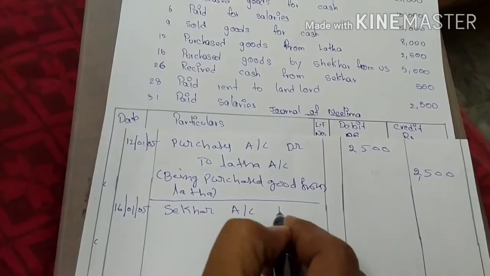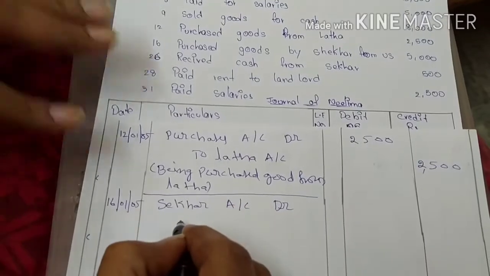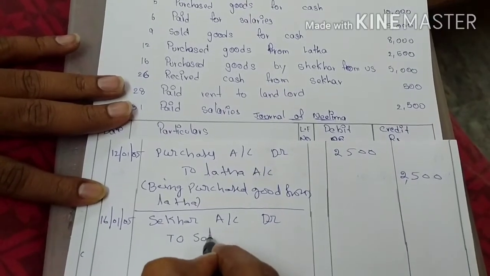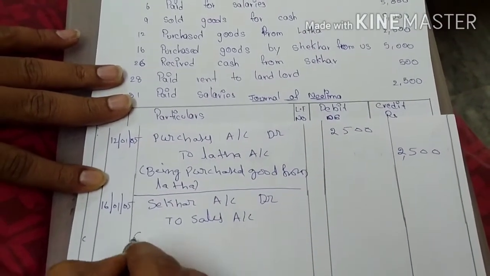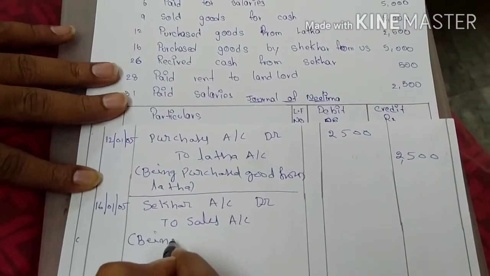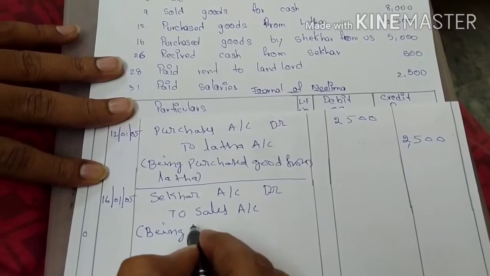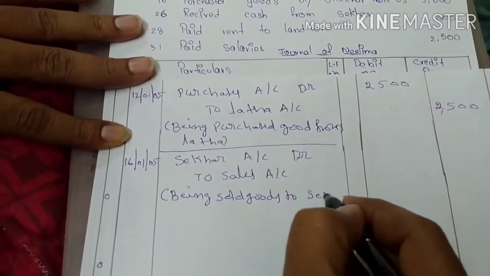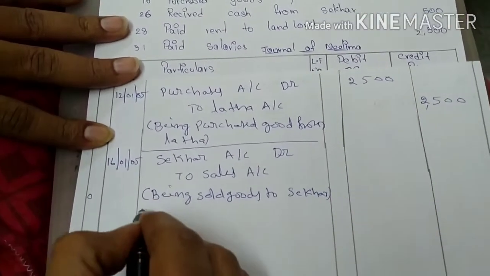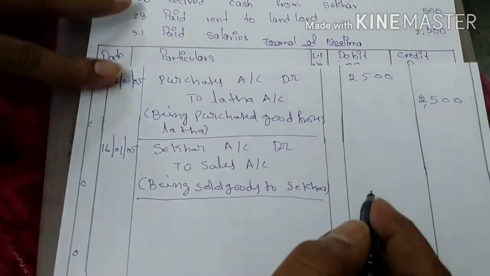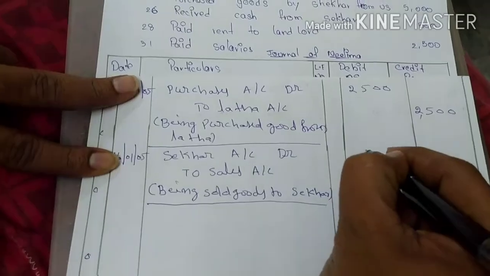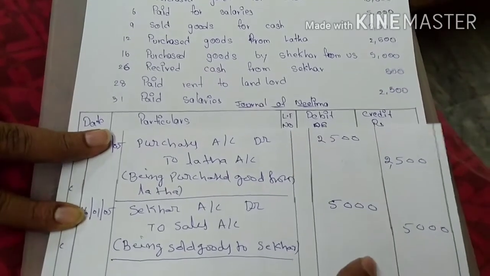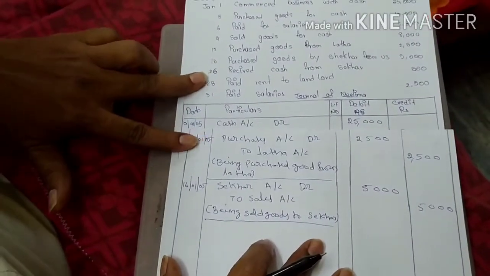Shekhar account debtor to sales account, being sold goods to Shekhar. Amount here 5,000 rupees.